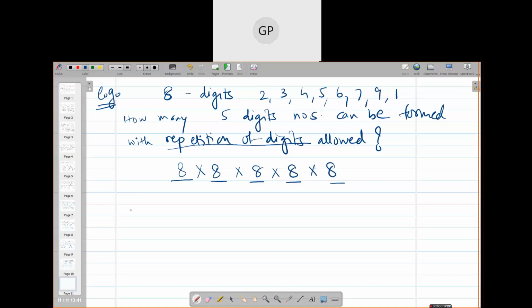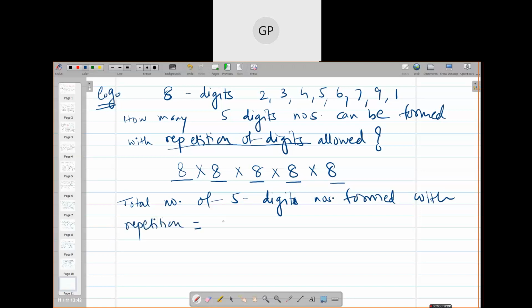So total number of 5-digit numbers formed with repetition allowed is 8 raised to 5.